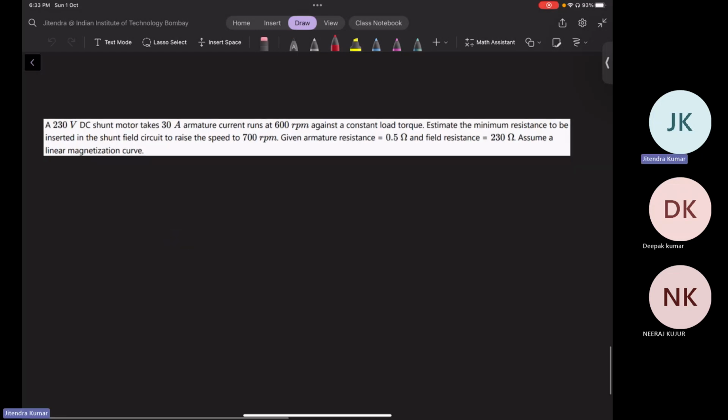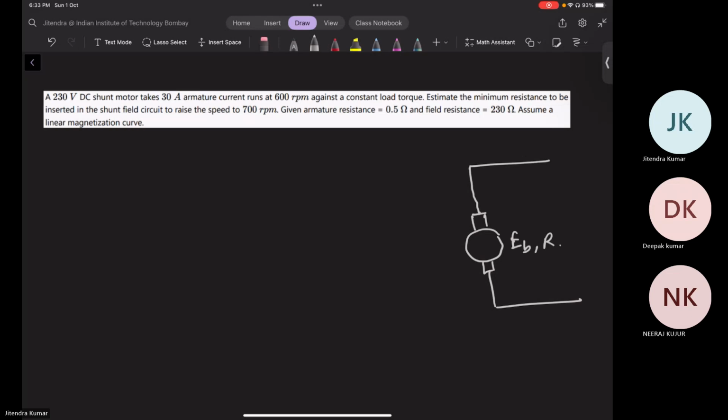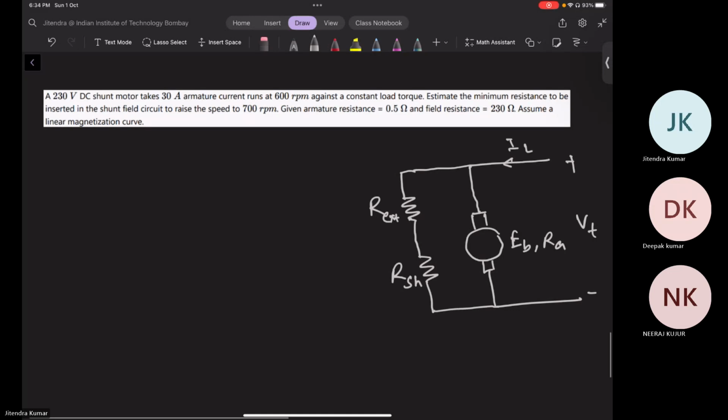Initially, a 230-volt DC shunt motor was taking 30 amps of armature current and running at 600 RPM. So let me draw the same circuit again.